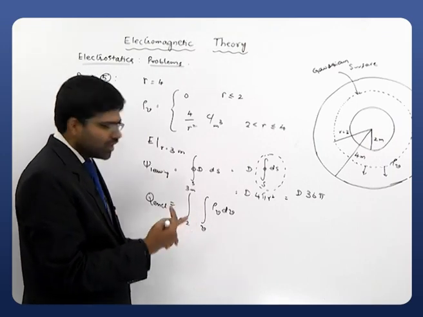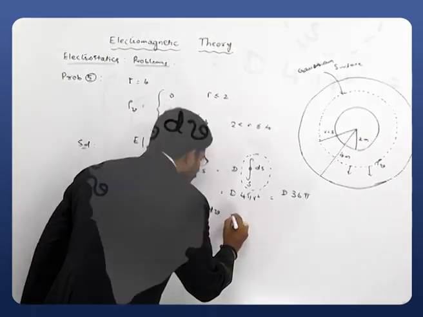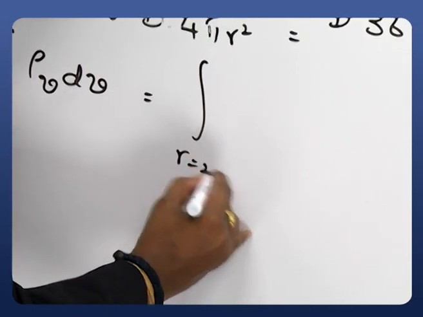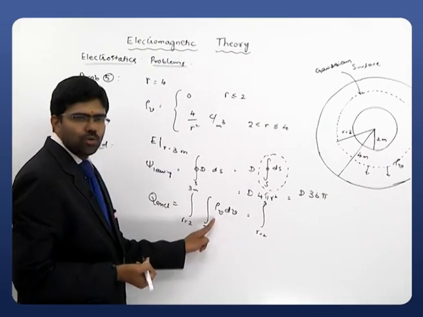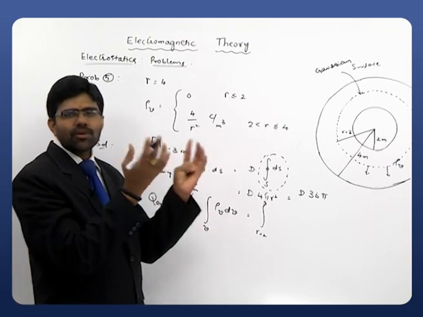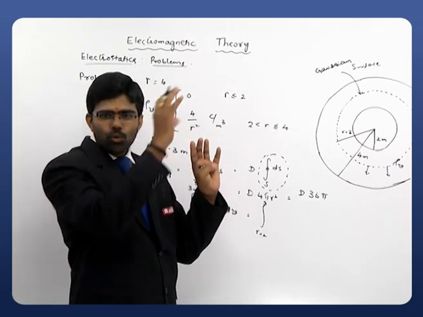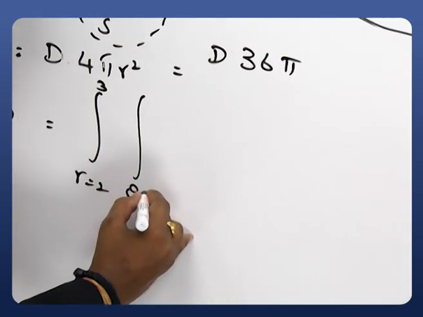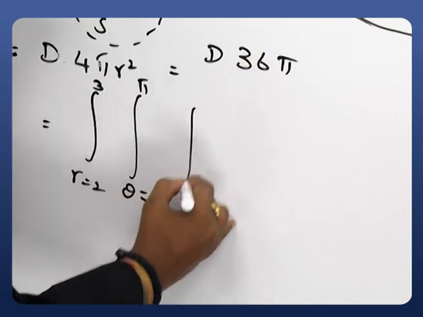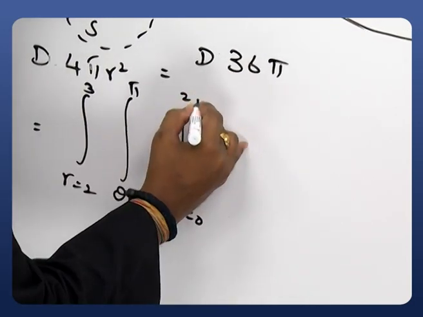Now substitute here: r equal to 2 to 3 meter, and write down the remaining two limits also. Theta is from 0 to pi and phi is from 0 to 2 pi.